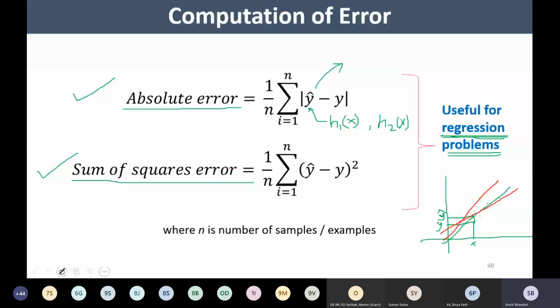Typically these error computations are meaningful for a regression problem, wherein our y and y hat are continuous values. Those are not class labels, but real, continuous values, and it is possible for us to find the difference between those values to come up with the error.